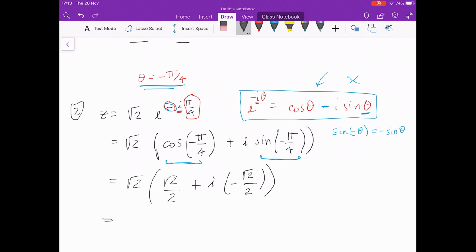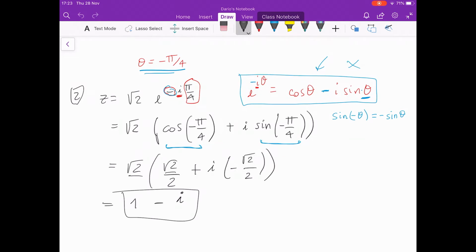And this simplifies down to square root of 2 times square root of 2 is 2, divided by 2 is 1, plus, actually minus, 1i. So in our case, in this specific exercise, we found that the real part is 1 and the imaginary part is minus 1.